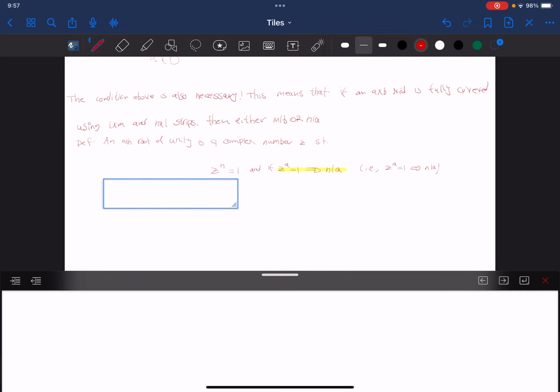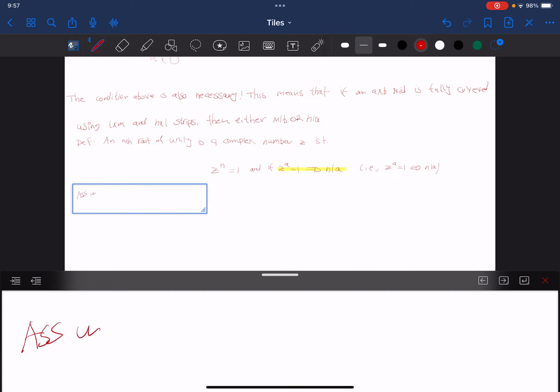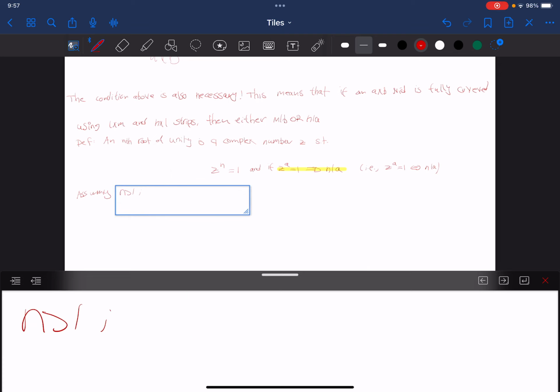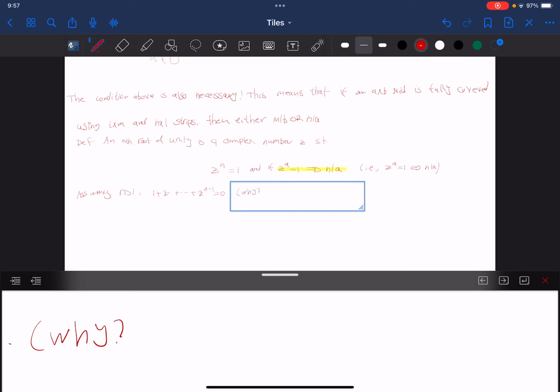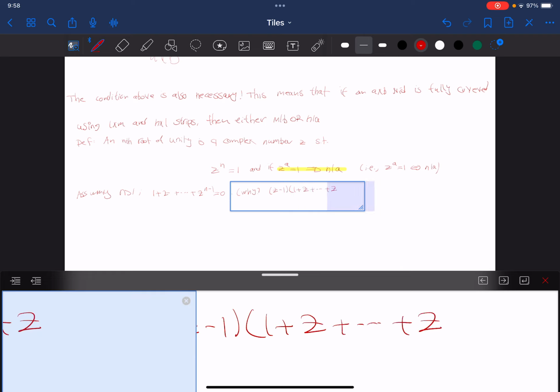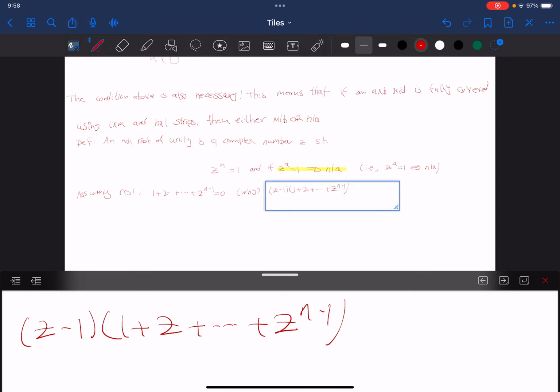Okay, and assuming n is larger than 1, this identity also holds, right? And the proof of this is why? This is because z to the power n minus 1, which is equal to this, is 0.